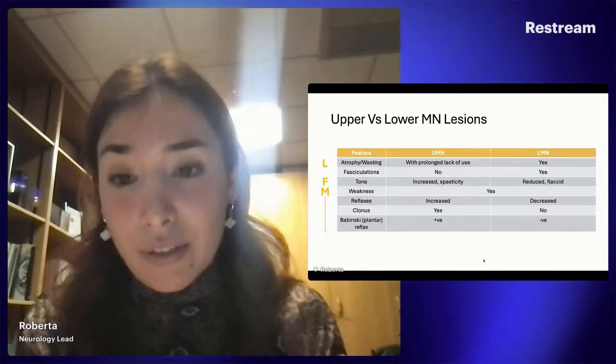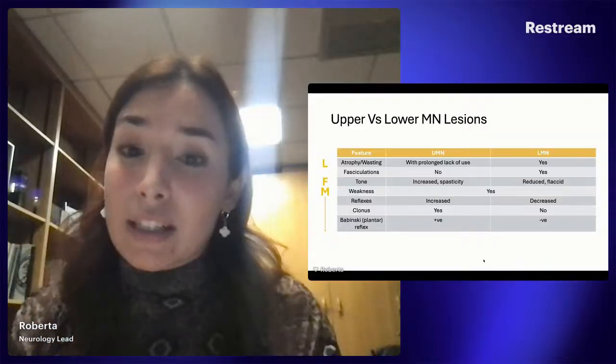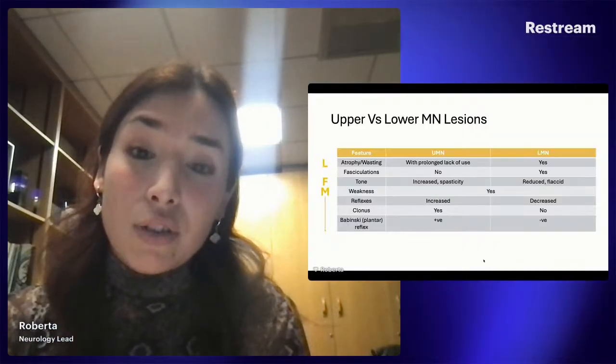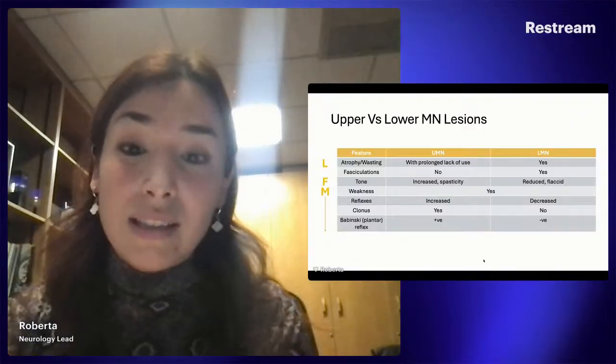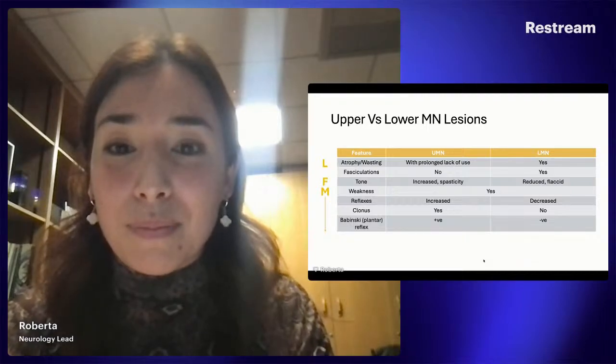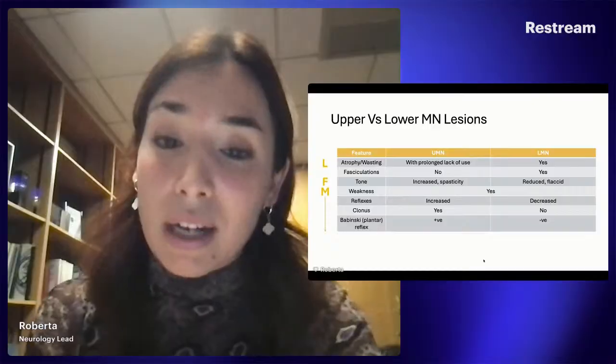Tone will be significantly different, and this is to do with all the reflex pathways. In upper motor neuron lesions, we tend to see increased tone, and particularly spasticity. That is the clasp-knife increase in tone that you might have come across or heard of.